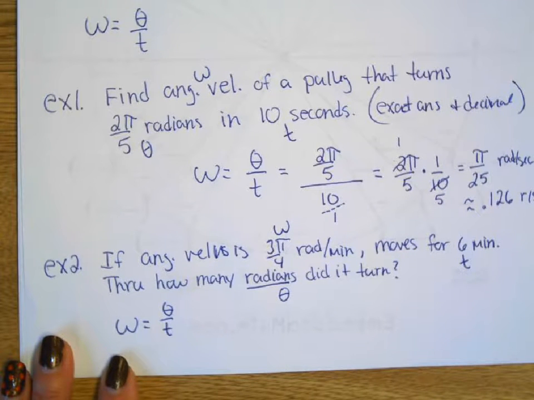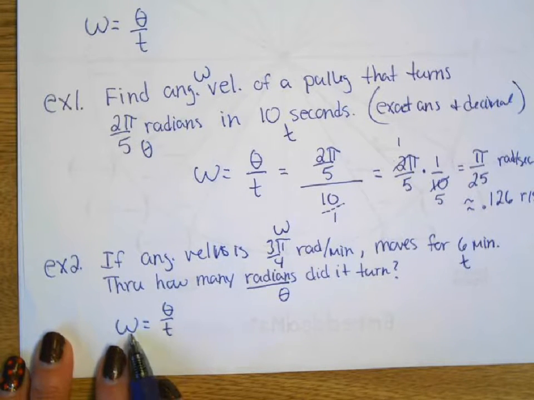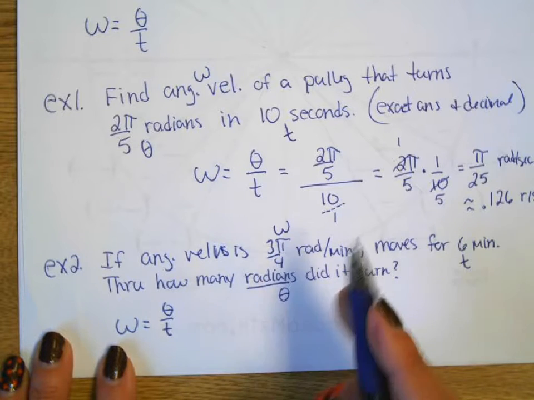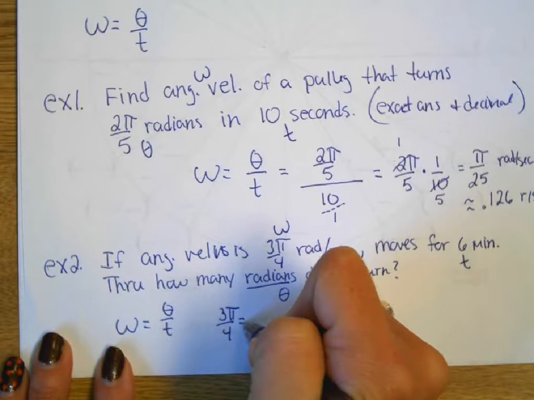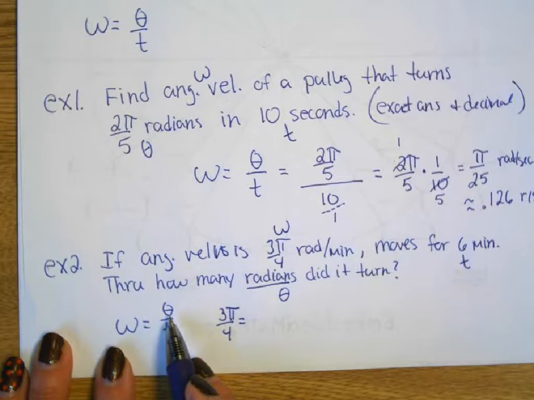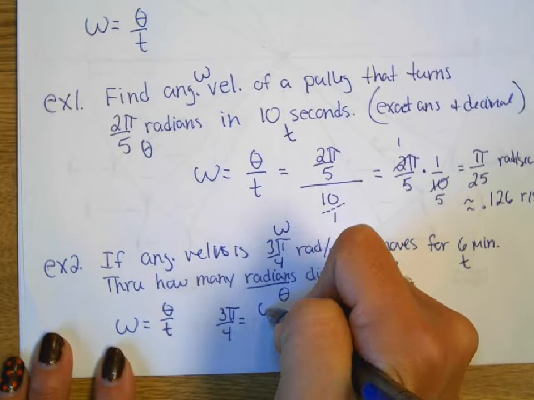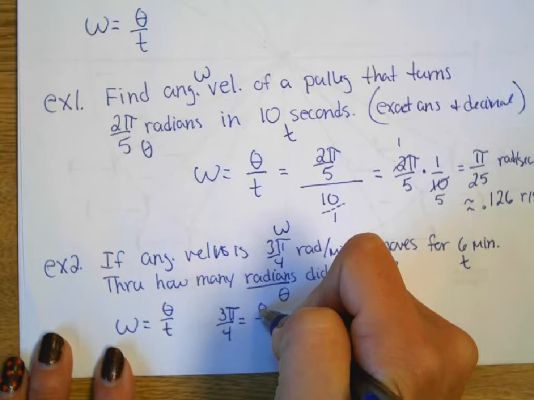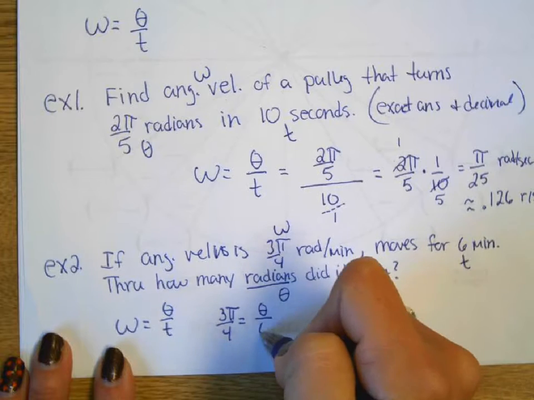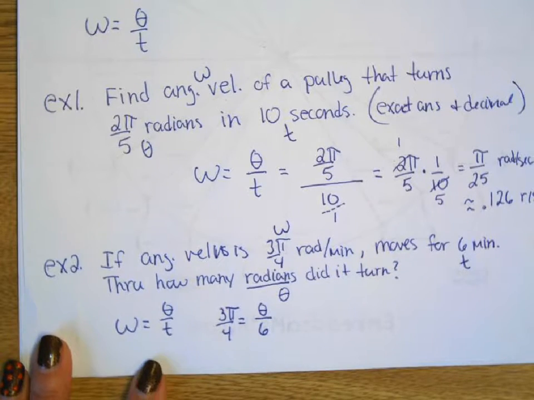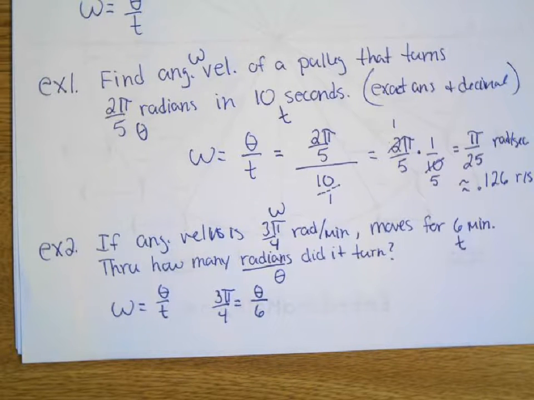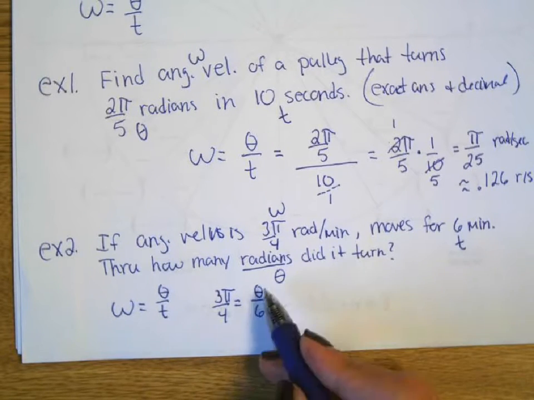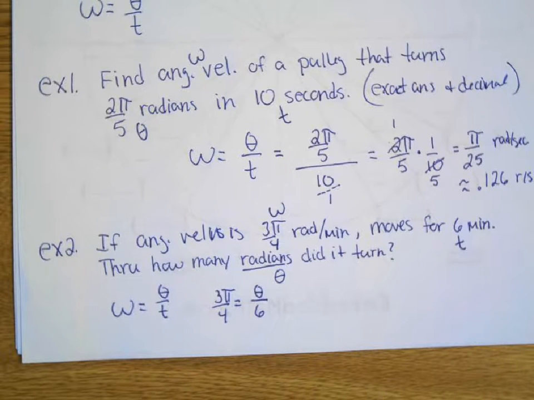Do I know the W this time? Yes. The W, I'm going to substitute in 3 pi over 4. The theta, I don't know. The time was 6 minutes. Now it's your algebra skill. How do you solve this for theta? You can multiply by 6. Or you can do cross products. Times by 6 is going to get us there quicker.